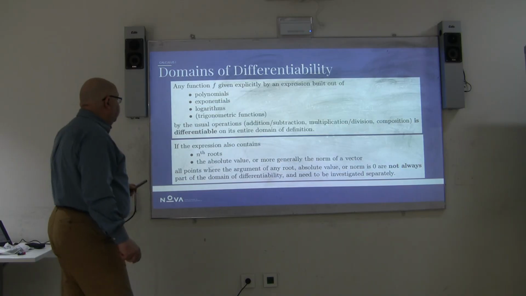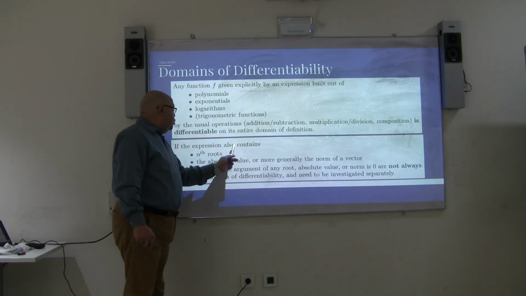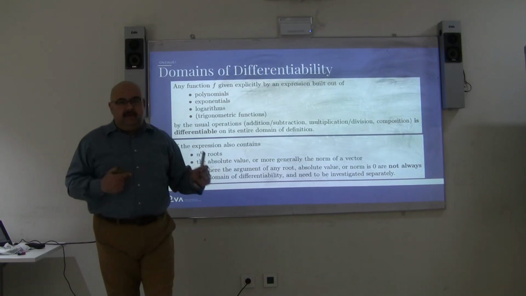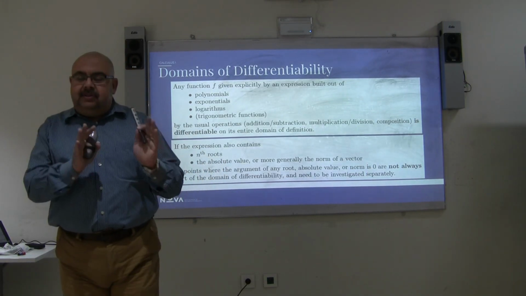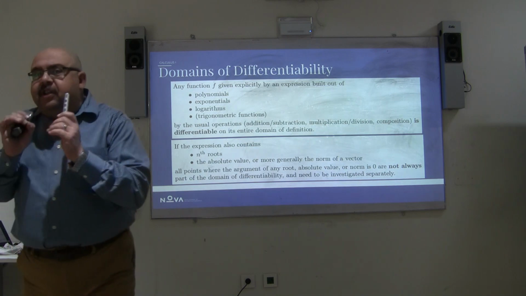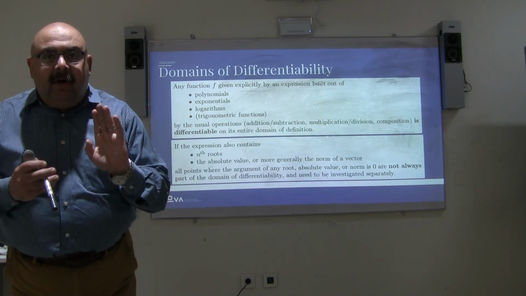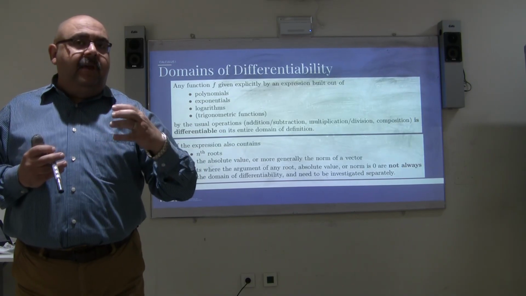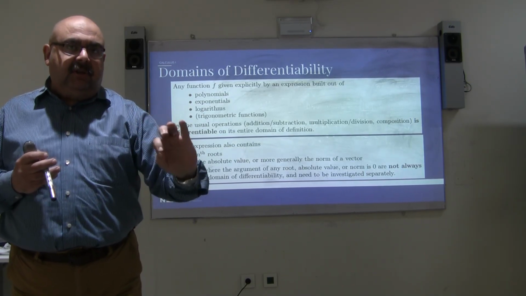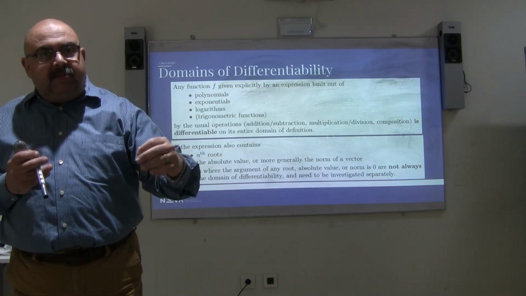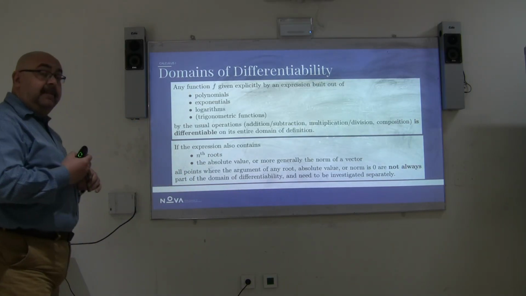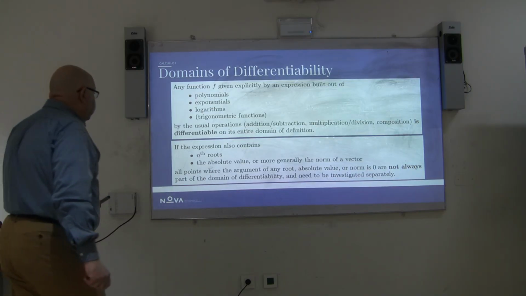Okay, once more, if the expression also contains an nth root, like what we saw, root of x squared plus y squared, I have to stop and look carefully at the differentiability at the origin. Okay? And then once you are trying to identify the domain, we excluded the part where the function has problems of differentiability at the origin. This is why the previous problem was R2 except (0,0).